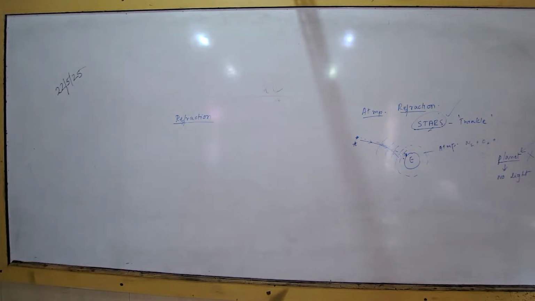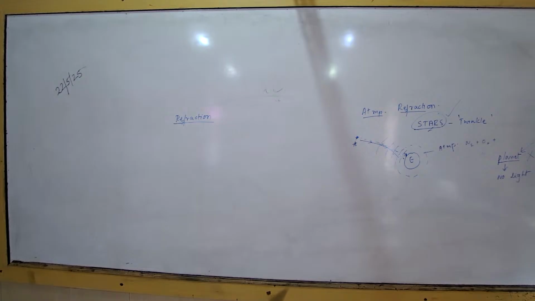First, you're going to say stars have their own light, luminous. Second, you talk about the distance, very far away, therefore it is considered as a point source. Most important point, don't forget atmospheric refraction.